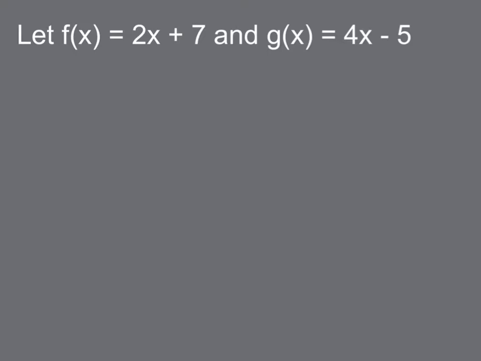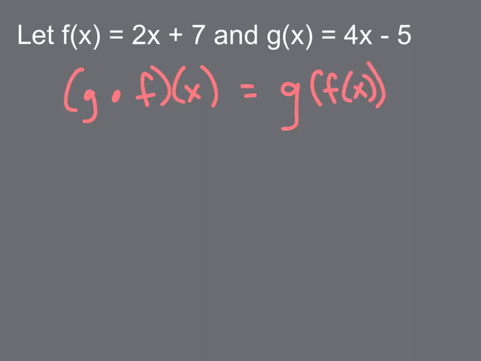All right, so using our other functions, what I want to do now is find and calculate g of f of x, okay? And this is notation that we'll see, but I prefer to write this as g of f of x, okay?